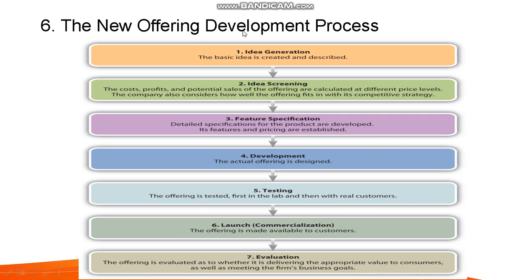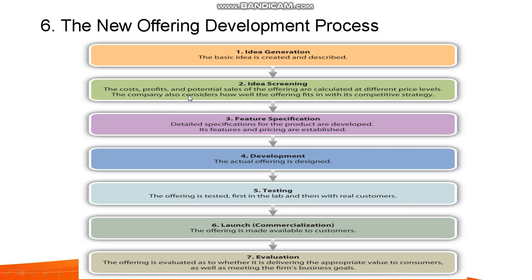This is the new offering development process. Step number one is idea generation. Idea generation is the basic idea to create or describe a product. Step number two is idea screening. It means the cost, profit, and potential sales of the offering are calculated at different price levels.